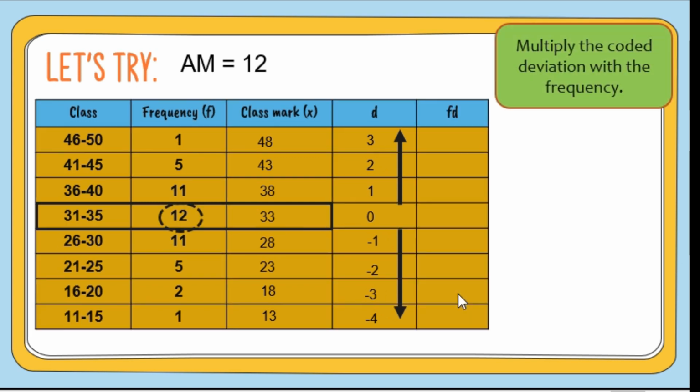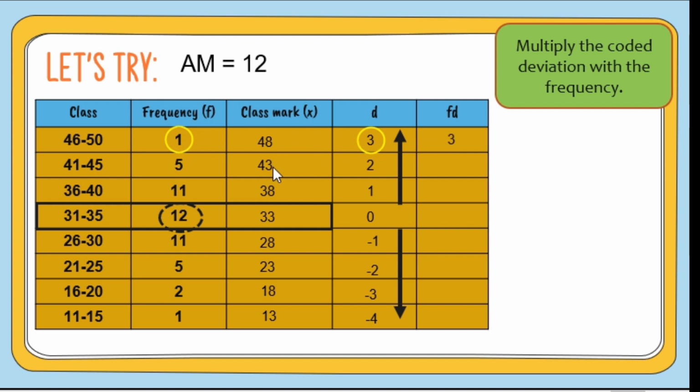Next, we multiply the coded deviation with the frequency. The coded deviation is located at the fourth column and the frequency is at the second column. So we multiply the frequency with the coded deviation, 3. So 1 times 3, that is 3.